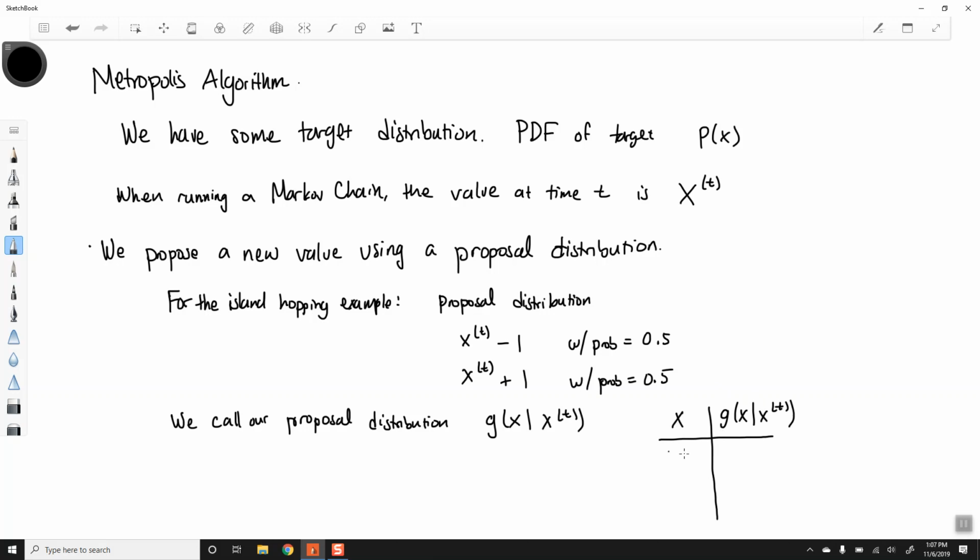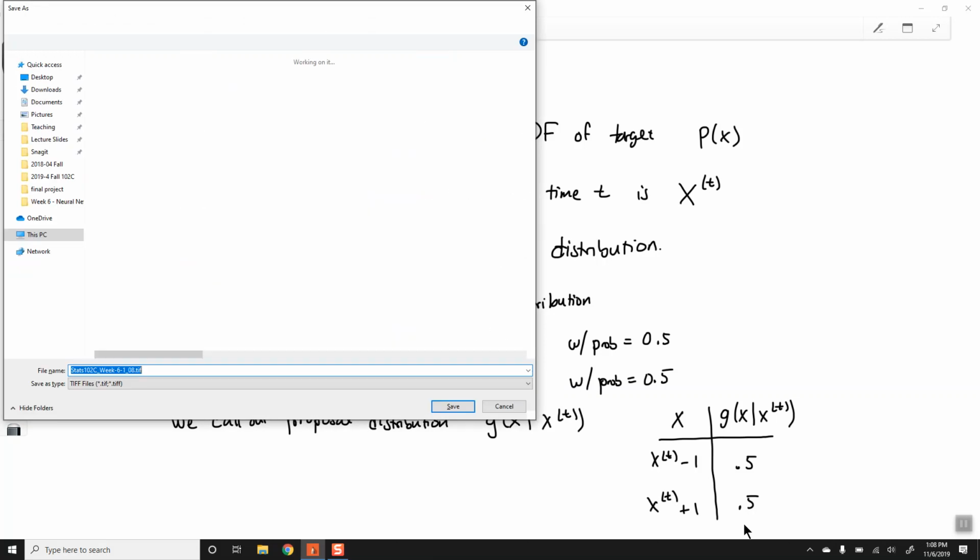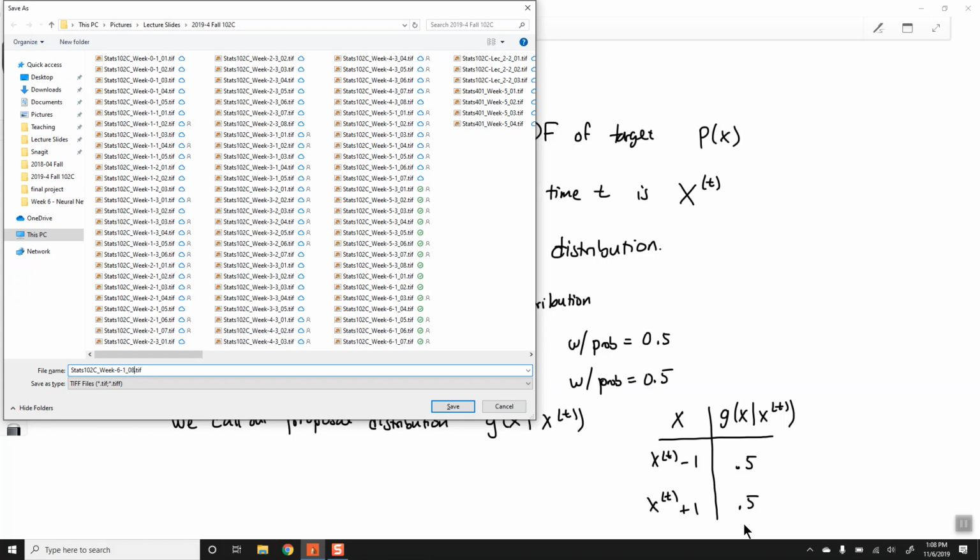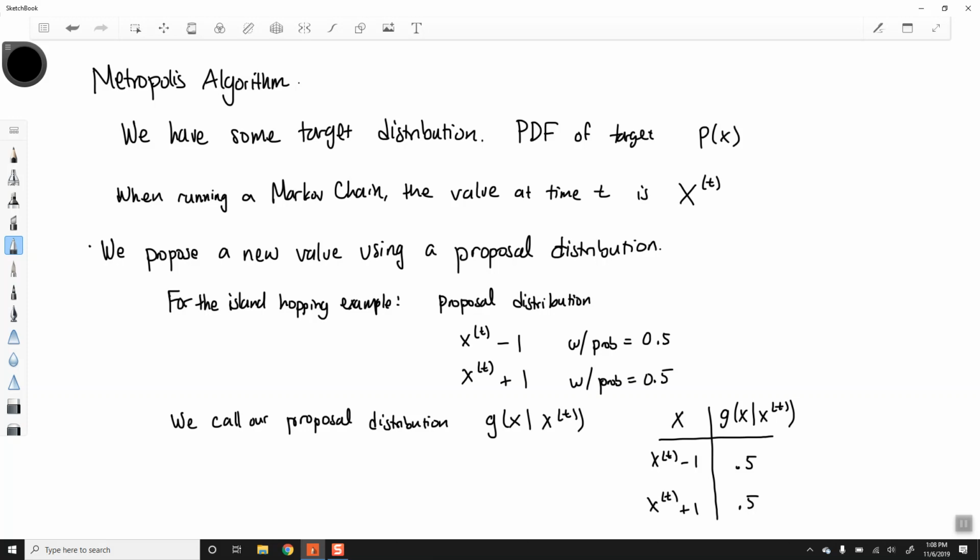The x value will be x t minus 1 or x t plus 1, and the proposal probabilities for each of these is 0.5. That's one possible proposal distribution. You can have all kinds of proposal distributions; this is just one example. Is this notation okay? This is proposing some value x given that we're currently at x t.